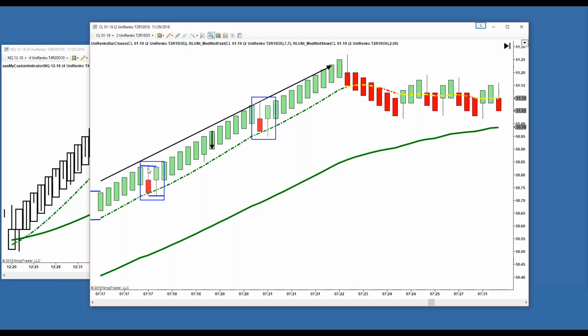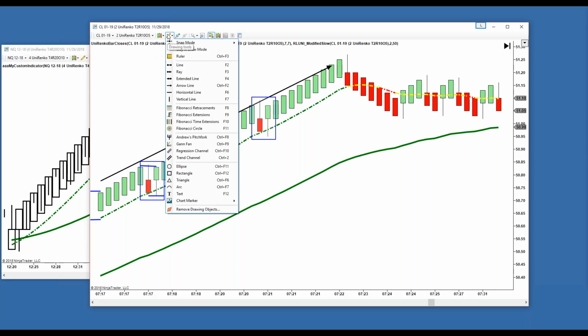Not only did you get a pullback, remember we looked at the trades where there was a big wick. Here's where the bears had enough power to actually turn the market for one candle. But then the bulls came right back and turned the market right back up. That's a great entry candle.